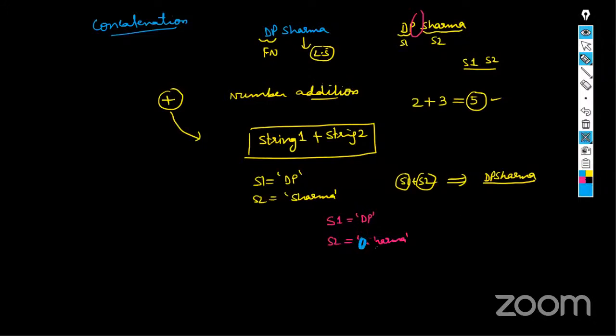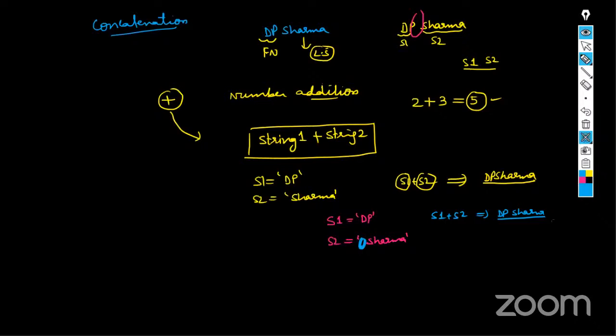When we concatenate with S1 plus S2, what will happen? It will give DP, then this space, then Sharma. So this is only an illusion, that you feel the two strings have been concatenated with some white space. No, the white space itself was a part of the second string.